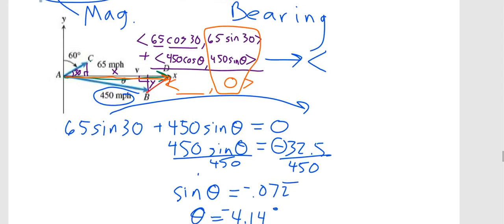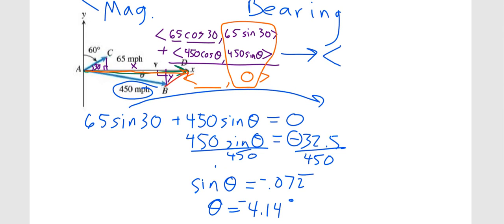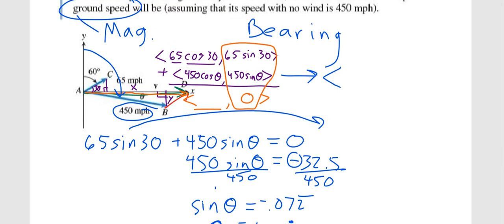So they want two things. They would like this bearing. Okay, so can we find that? What's that bearing? Her bearing should be what? Okay, it's got to be past 90, right? 94.14? That's a good bearing right there, 94.14.